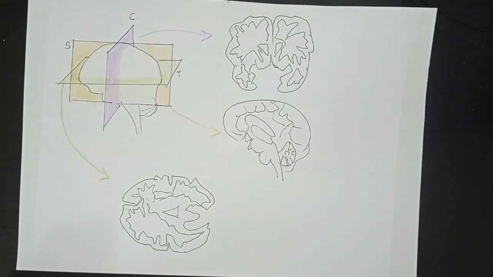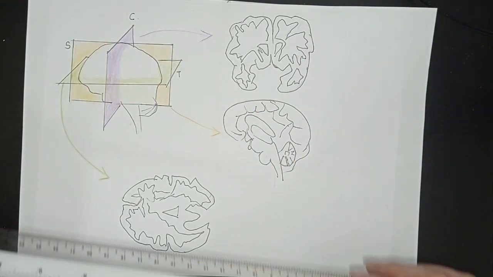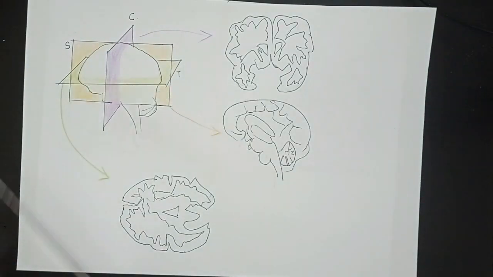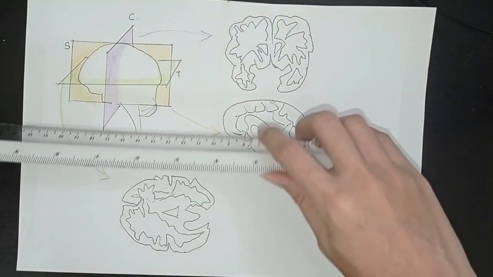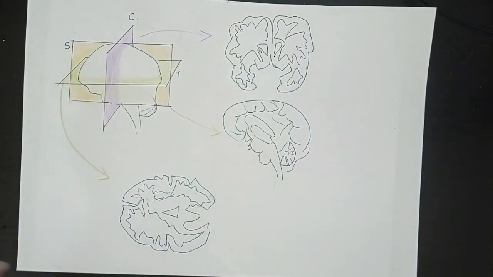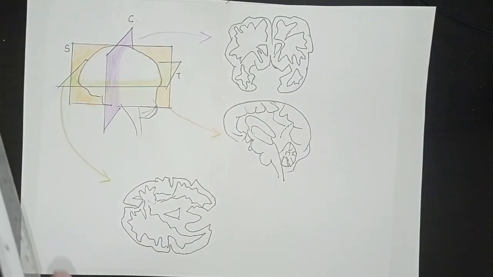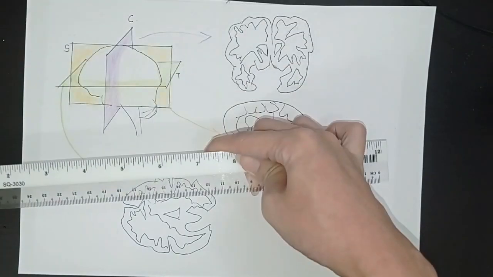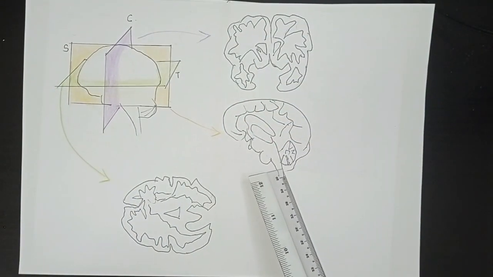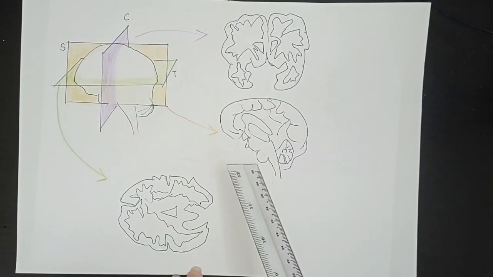Once again, the transverse plane is the plane that slices through the body horizontally. So let's look at the picture of this brain. When the image is taken in a transverse plane, you'll get something that looks like this. When it's taken in the sagittal plane, you'll get an image that looks something like this.